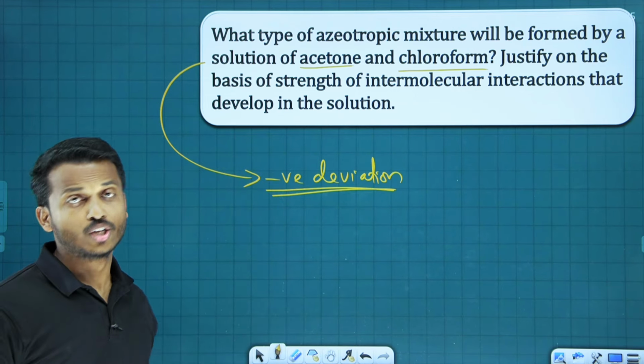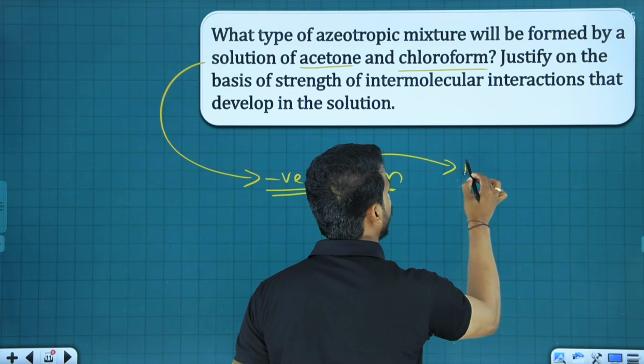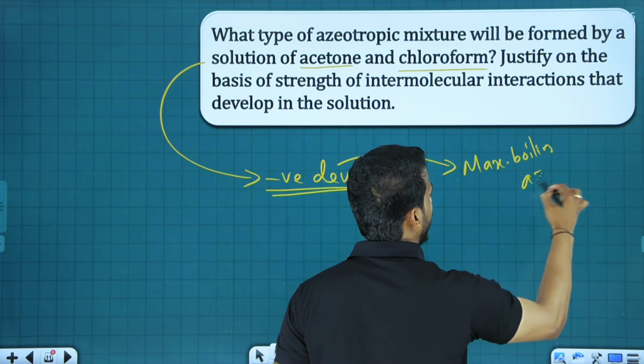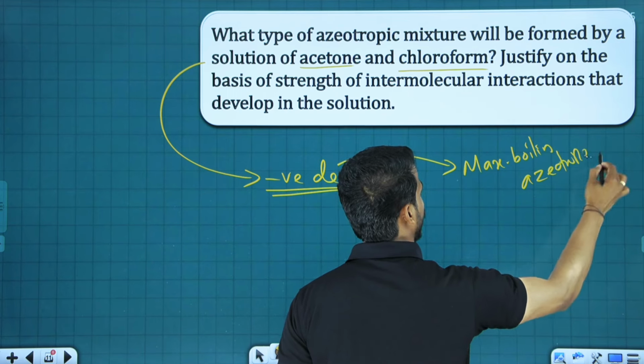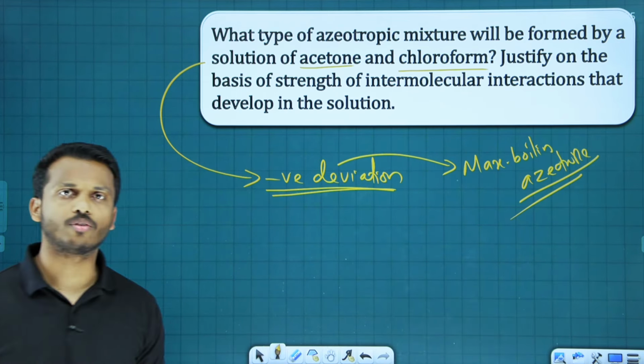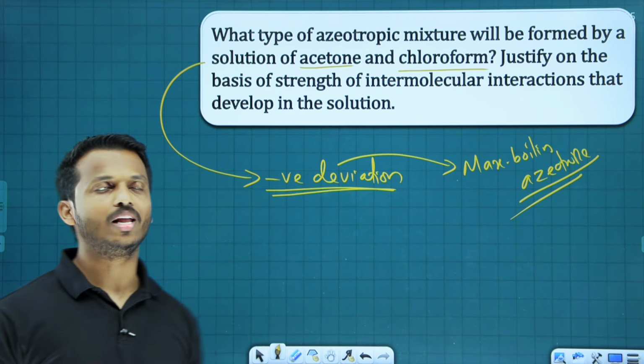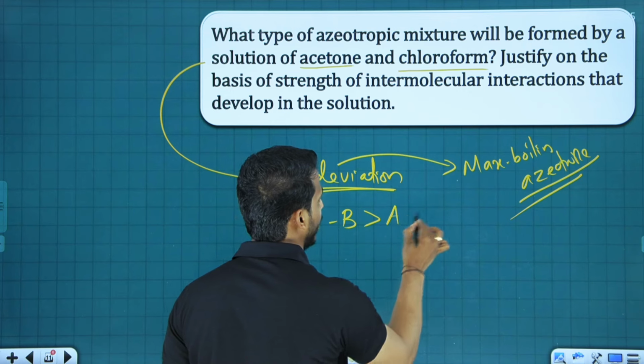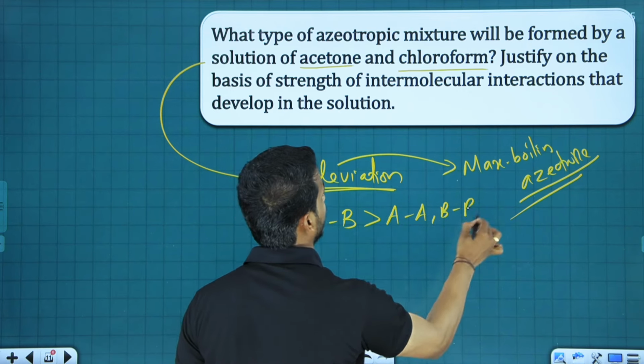Negative deviation. So negative deviation forms which azeotrope? Maximum boiling azeotrope. Because you know the reason: AB interaction is stronger than AA and BB interaction.